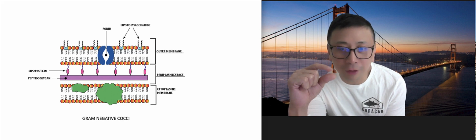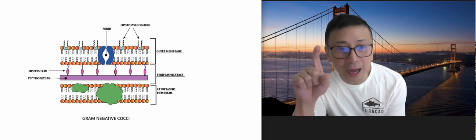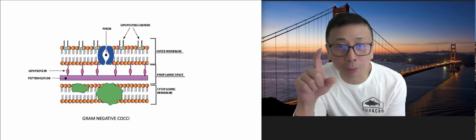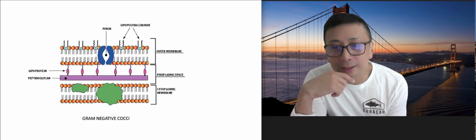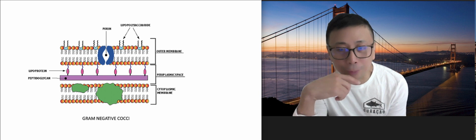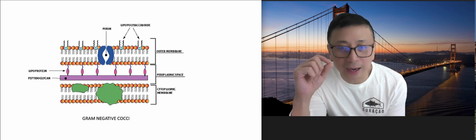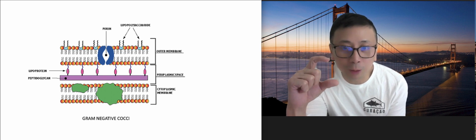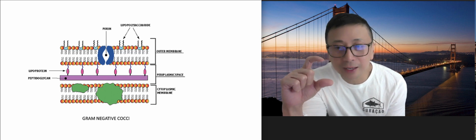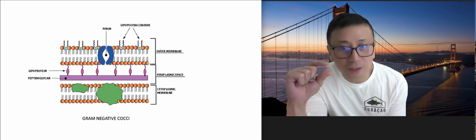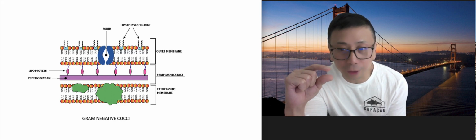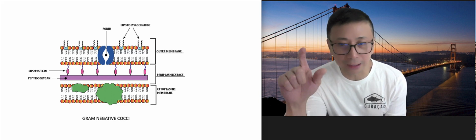There's only a very thin one, but there is an outer membrane with porins, right? So the porins, that's the difference between the two. Gram-positive cocci has a thicker peptidoglycan, and your gram-negative cocci is thinner, but you have an outer membrane.